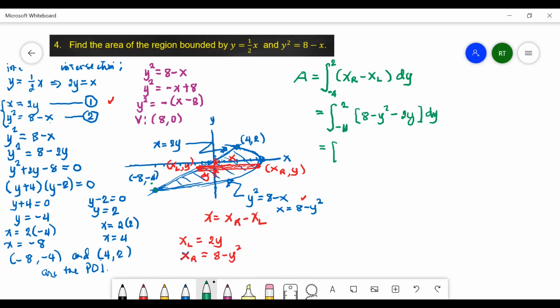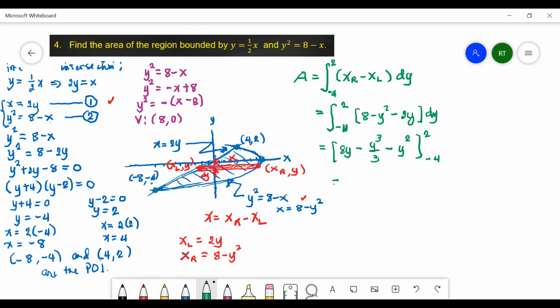The integral of 8 dy is 8y, minus the integral of y squared dy, which is y cubed over 3, minus the integral of 2y dy. Of course, the integral of 2y dy is 2y squared over 2, and the 2s cancel, so this gives us y squared. This must be evaluated from y is equal to -4 to y is equal to 2.